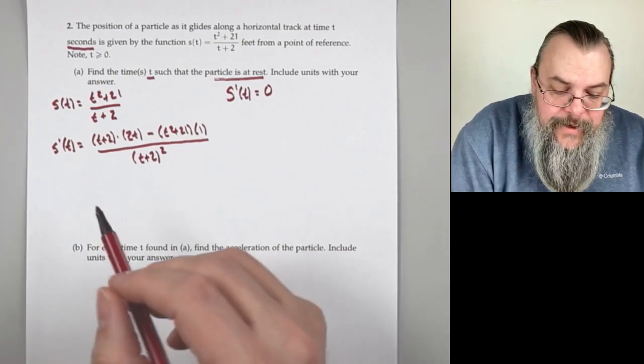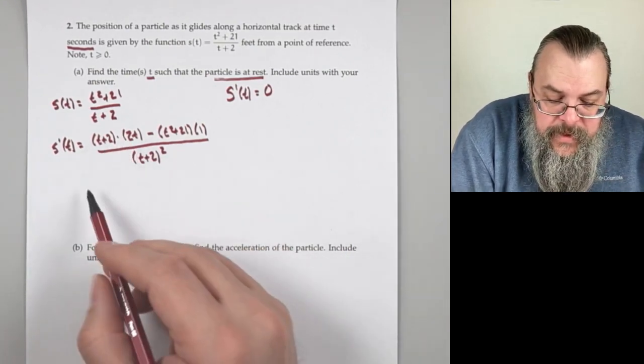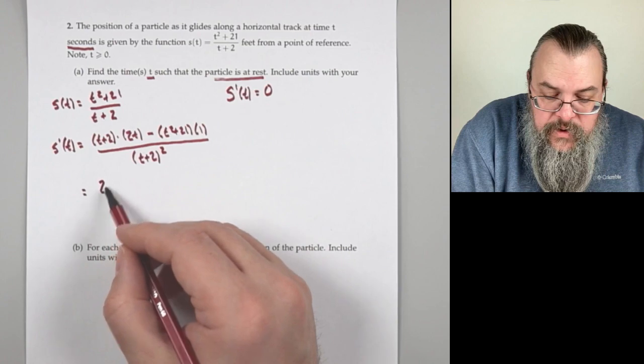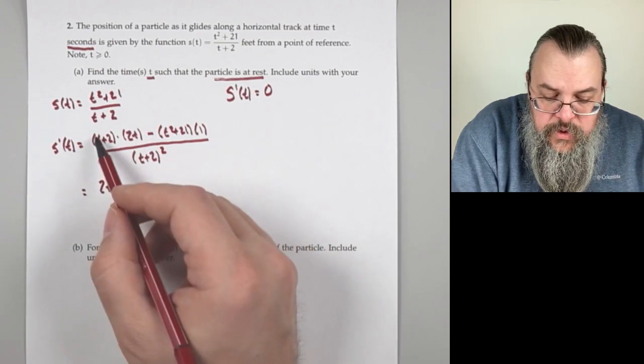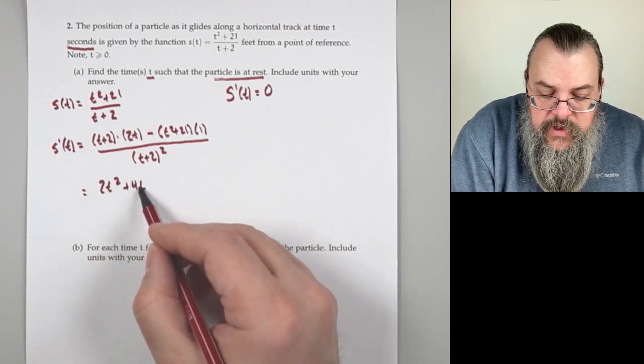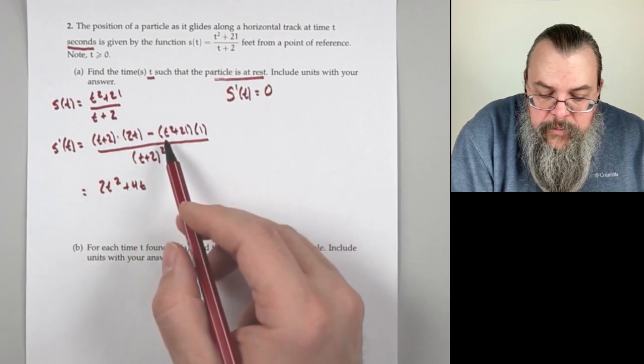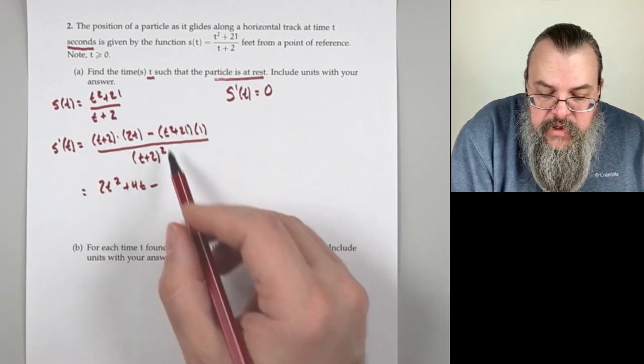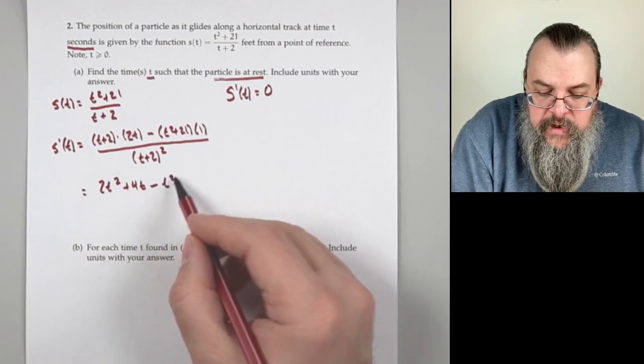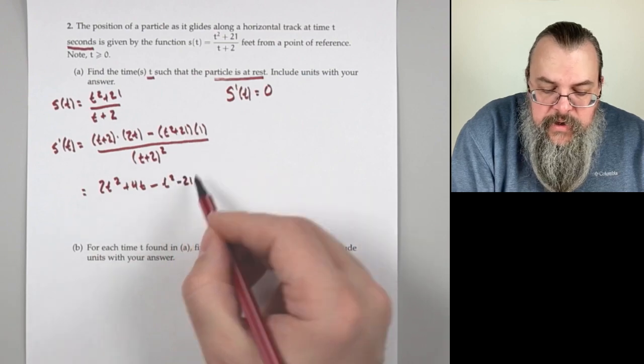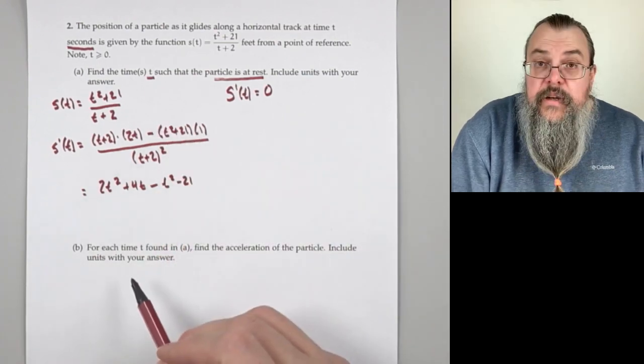Okay, so what do we have? Well, this is 2t squared plus 4t, great, minus t squared, and subtract 21, because the minus sign goes to both terms.